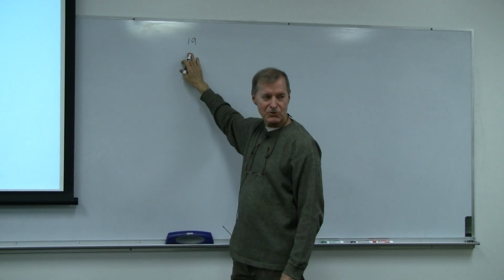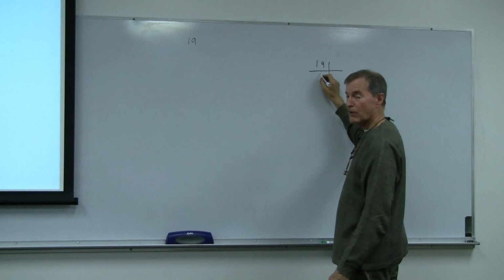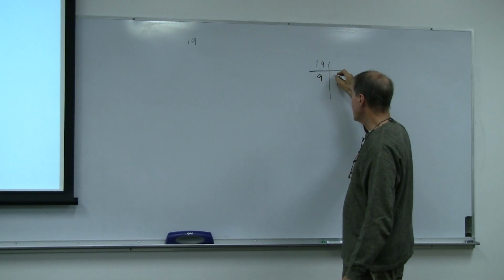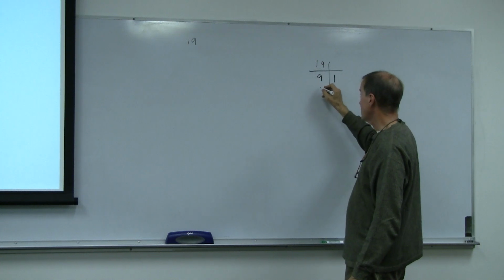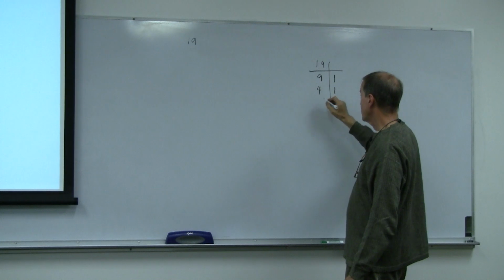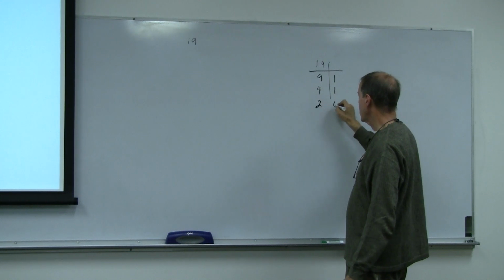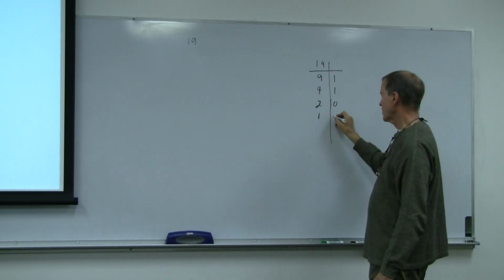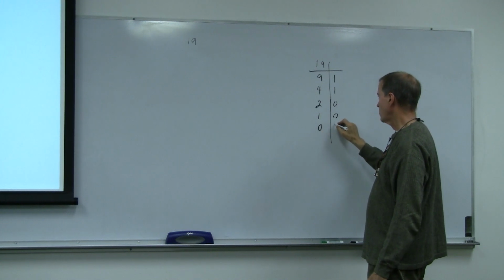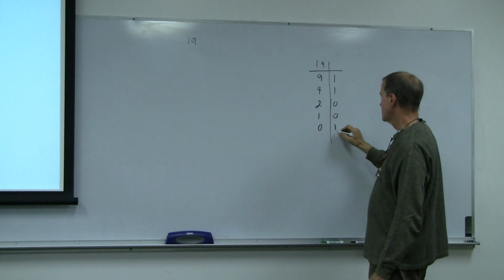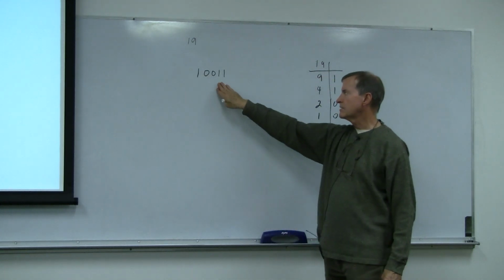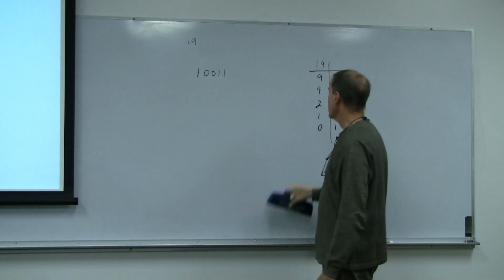Oh, can we do 19 real quick in binary? 19 divided by 2 is what? 9, carry your 1. 9 is what? 4, carry your 1. 2, carry your 0. 1, carry your 0. 0, carry your 1. Is that right? Yep. So I think it's 1, 0, 0, 1, 1. Is this 19? That's 19.